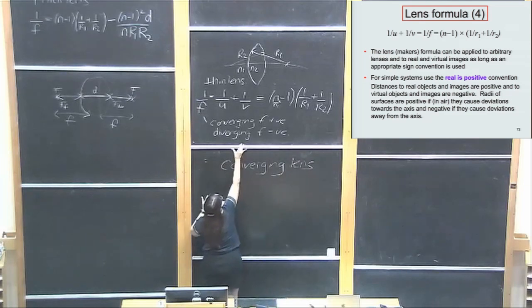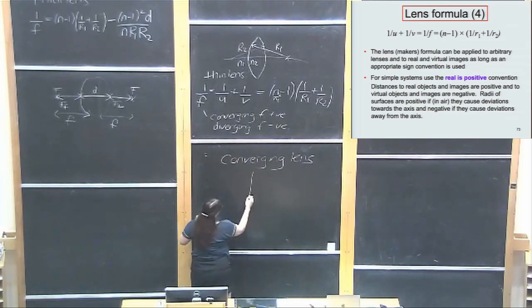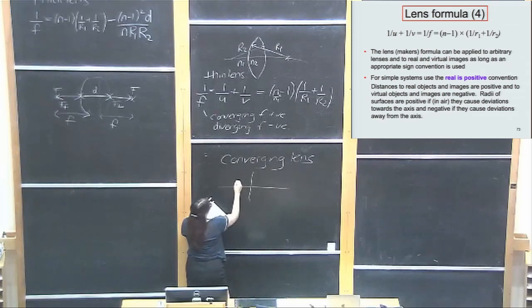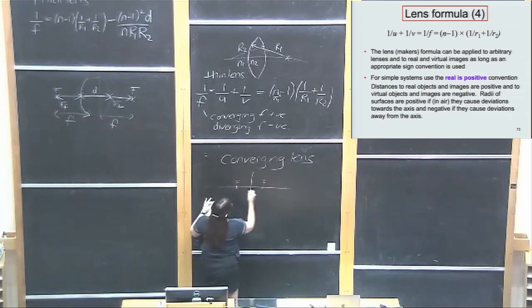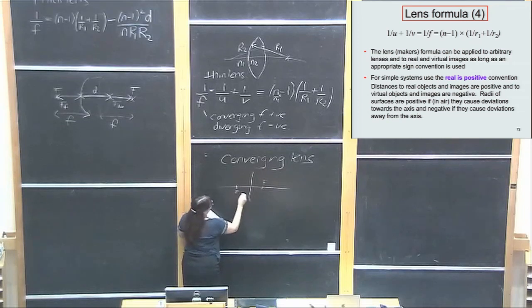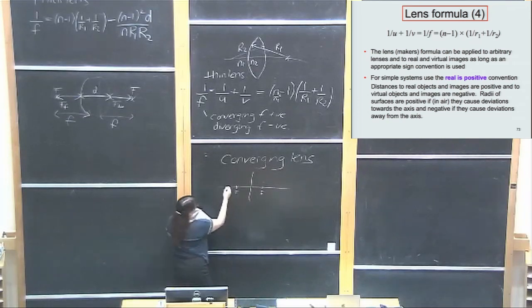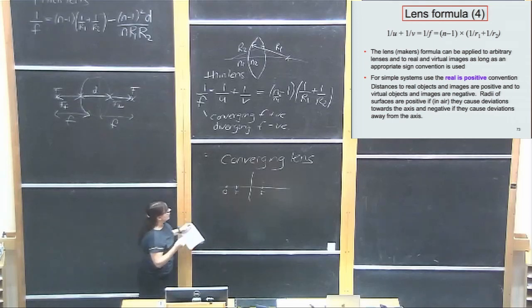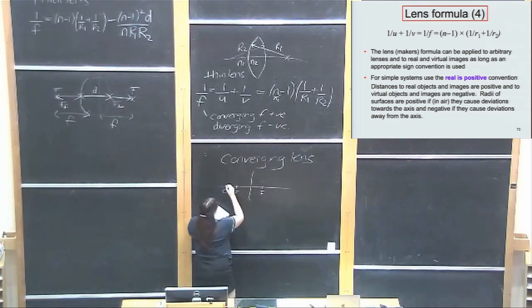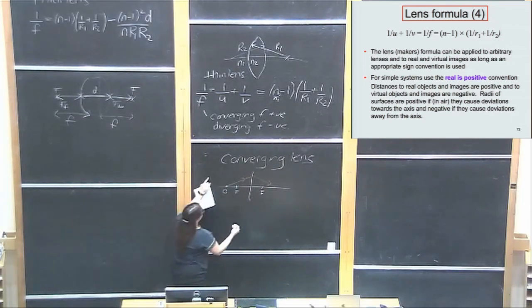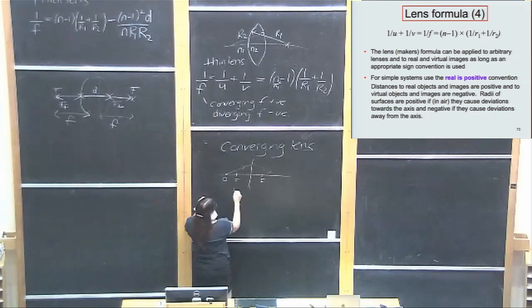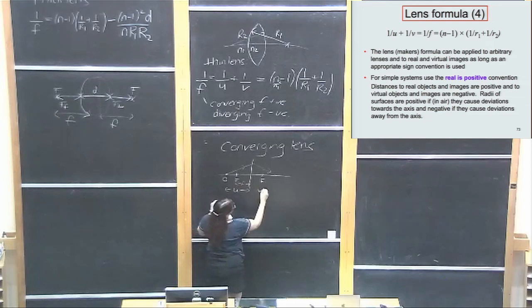So let's just consider a converging lens here. I'm going to put a little point-like object outside of my focal length. Okay, so we know from what we learned yesterday that we expect to get a real image over here somewhere. So that distance is u, that distance is f, that distance is v.